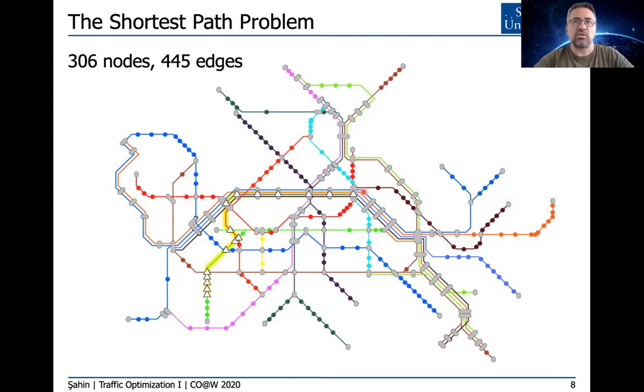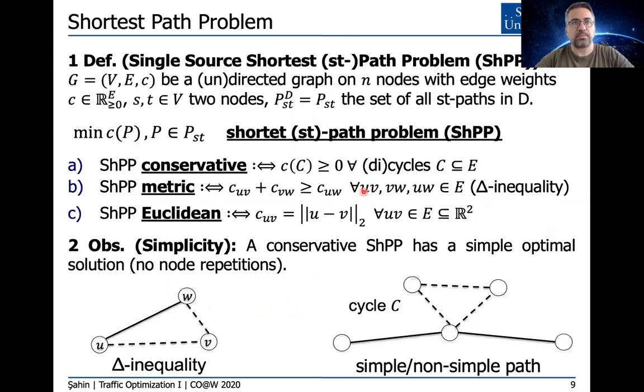Let us now look at the shortest path problem closely and investigate how it can be solved and understand how it would or would not be a combinatorial optimization problem. As is also the case in our example, we are talking about a single source shortest path problem. The problem can be defined either on a directed or undirected graph with weights on edges.